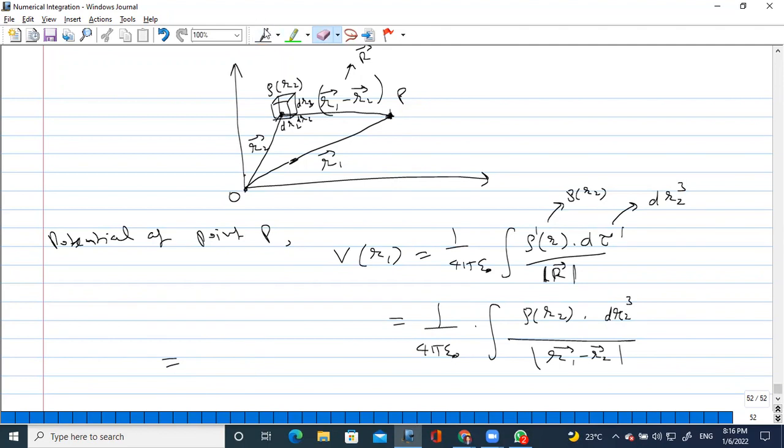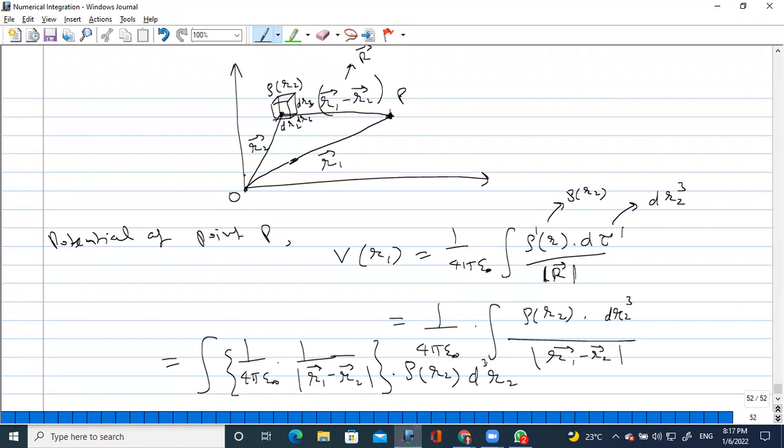So what I can do is integrate 1 upon 4 pi epsilon naught into 1 upon mod R1 minus R2, this term, into rho R2 and d cube R2, like this. So this is my solution now.